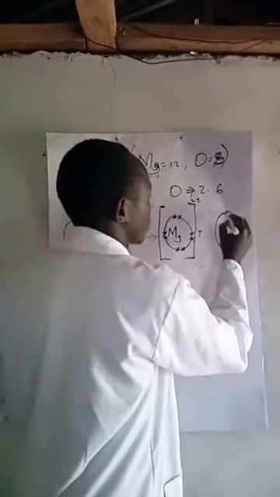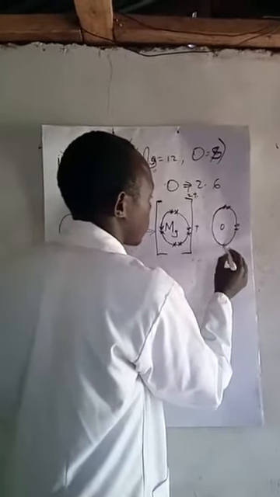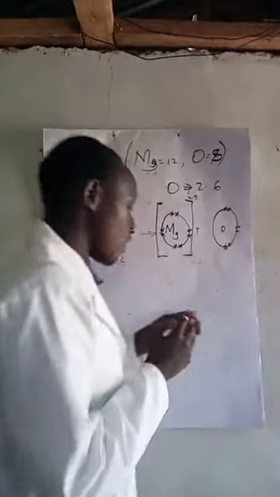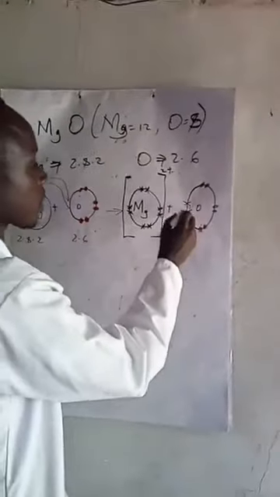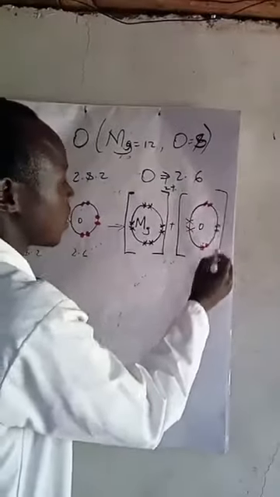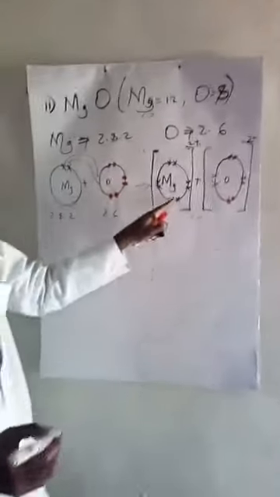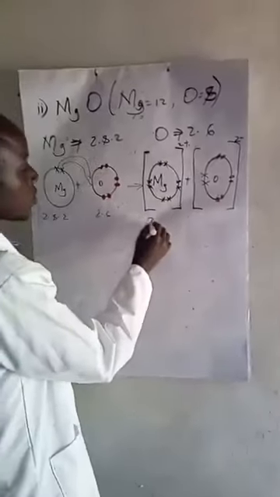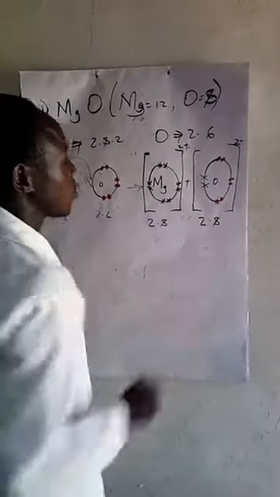Now oxygen will be the electrons that were there already, then you have 2 crosses that came from magnesium. Again, you enclose with a square bracket and write 2 negative. So the magnesium ion is 2,8. This oxygen ion is 2,8 also.